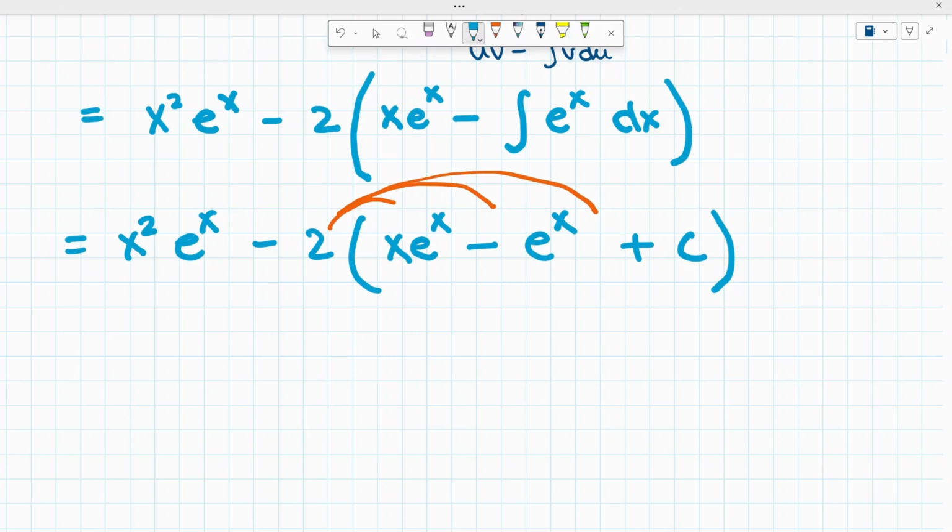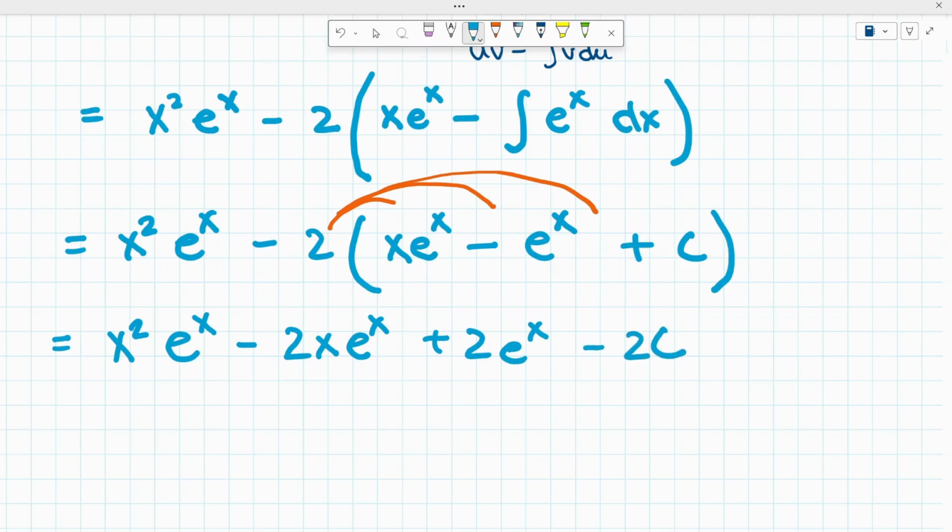By doing that, we get x squared e to the x minus 2x e to the x. And then these two minuses, minus minus, are going to turn into a plus. So we're going to end up with plus 2e to the x minus 2c.